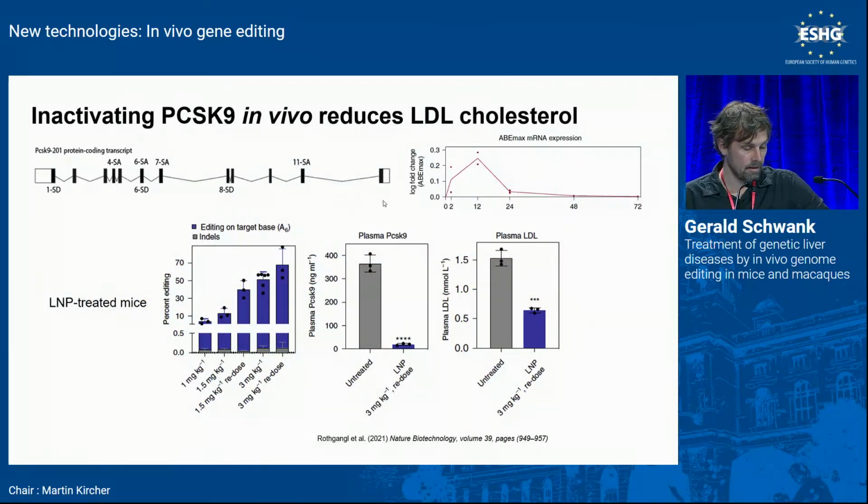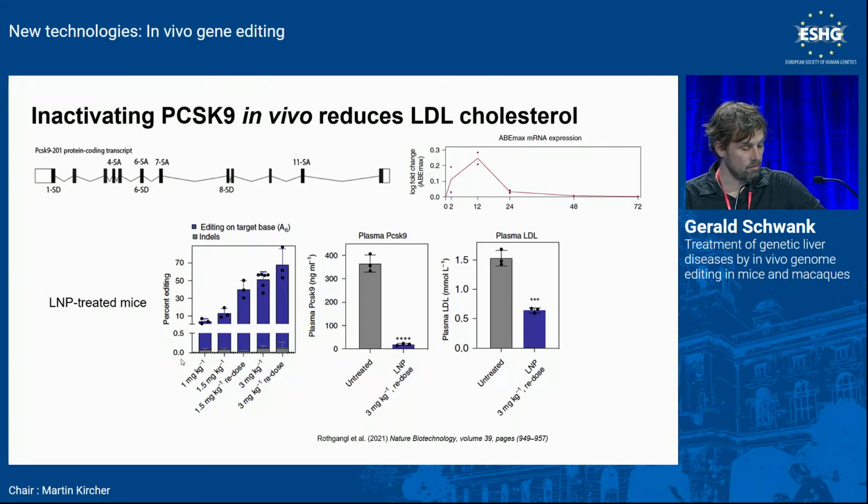What we did is we designed base editors that introduced splice mutations in PCSK9, inactivating the expression of PCSK9. Again, we had a transient approach, so we produced the base editor and the guide RNAs as RNA and encapsulated them into lipid nanoparticles, which leads to a very transient expression of the base editor.